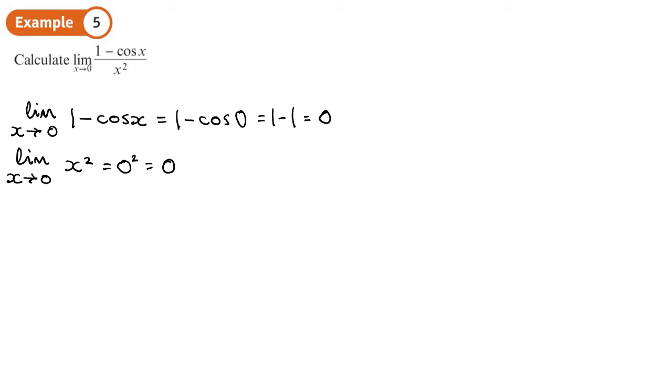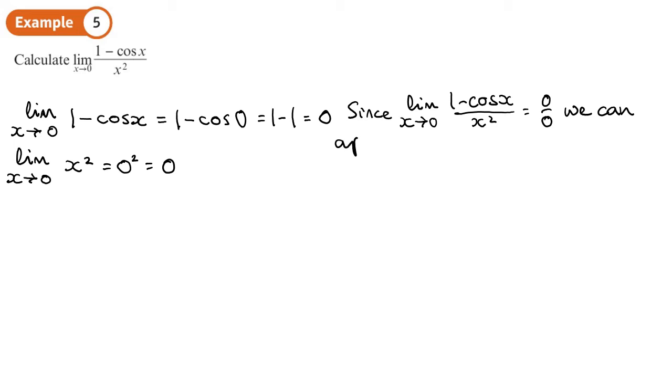Okay, so the whole expression tends to 0 over 0. So we'll just write that down. So since the limit as x tends to 0 of 1 minus cos x over x squared equals 0 over 0, we can apply L'Hopital's rule.